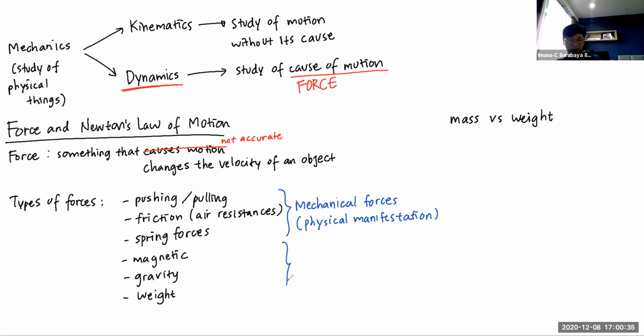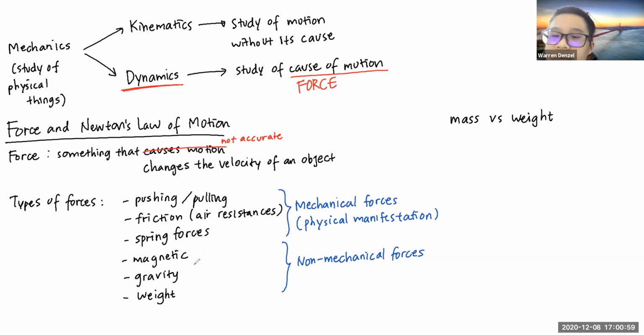And these three are non-mechanical forces. You cannot see them. Pushing and pulling, you can do it by yourself. Friction is also something you can do by yourself. Spring forces, you can take a look at the spring. But magnetic forces, can you see magnetic forces? You cannot, right? Neither can we see gravity or weight.